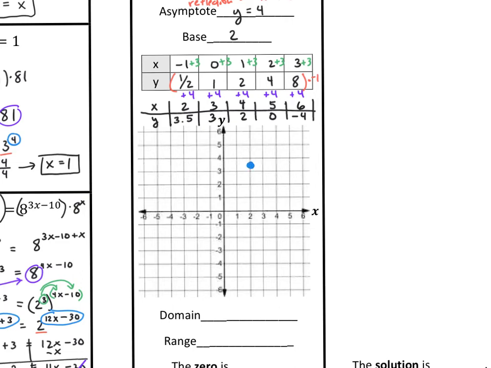The next one is 3, 3. Be here. The next one is 4, 2. Be right here. The next one is 5, 0. And the last one is 6, negative 4.